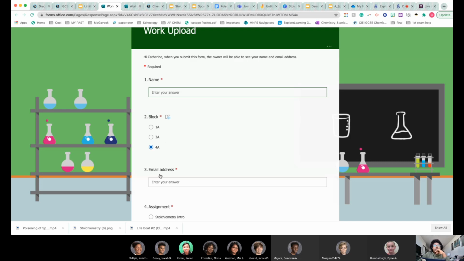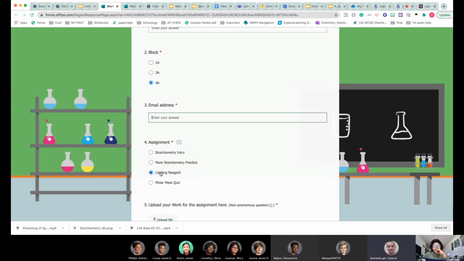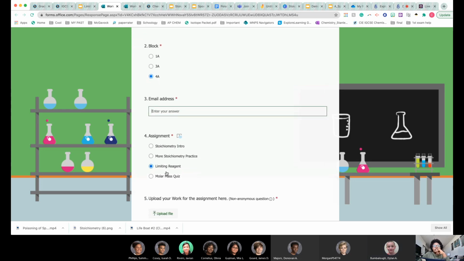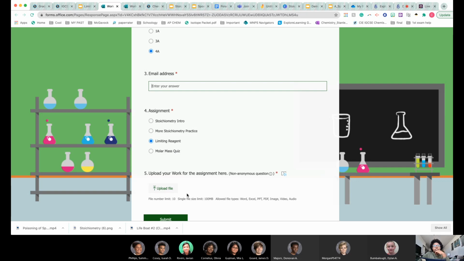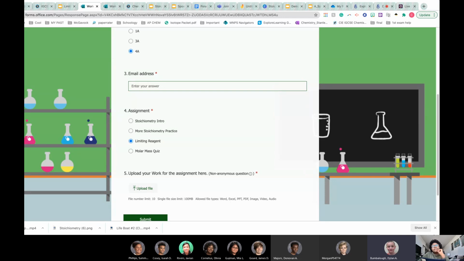Put your name in, click your block, email address, the limiting reagent assignment, and then you'll upload your work. Dang, I have to email it to myself. Okay, could you do this on your phone? Could you log into the form on your phone? Yeah, I could. That'd be way easy. I just thought about that. Yeah, log into Schoology or whatever on your phone, and then use the form on your phone. It'll be easy.